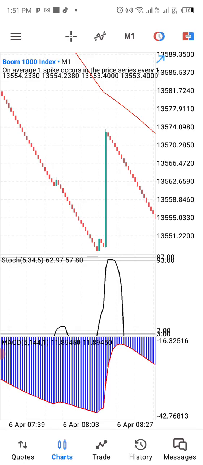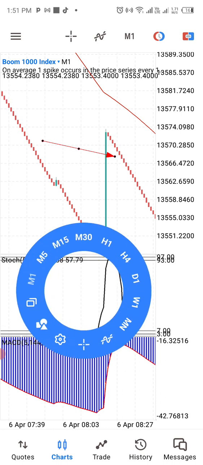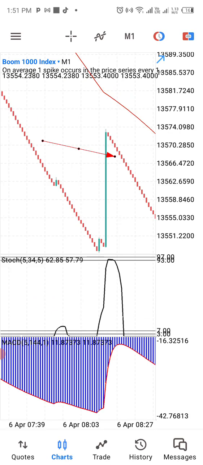Here our price is below 144. Here the arrow is touching 93 level when our price on the main chart is below 144.